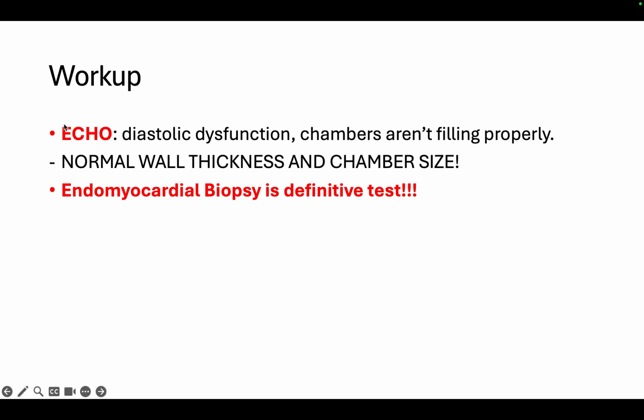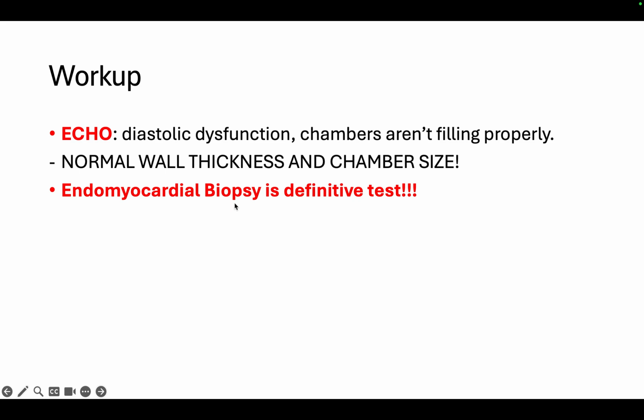And you'll do this initially, right? But for certain, and the boards like to ask this question, I had a question on it in either my EORE or my EOC curriculum: what is the best test for confirming restrictive cardiomyopathy? Well, you want to see what the underlying disease process or cause is, so you need to do a biopsy.